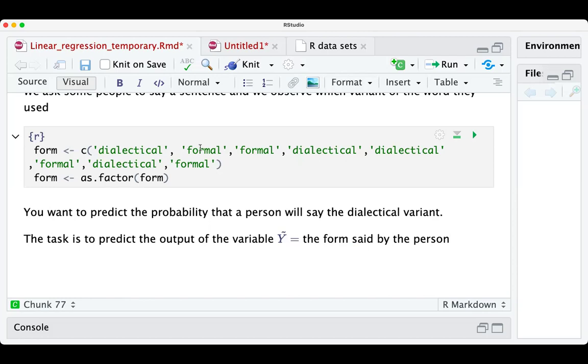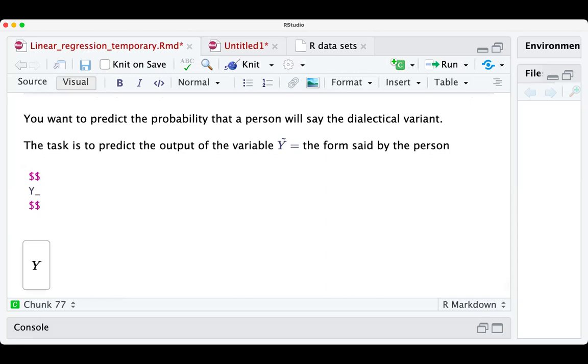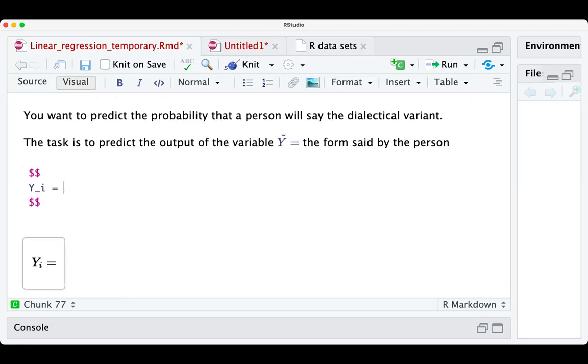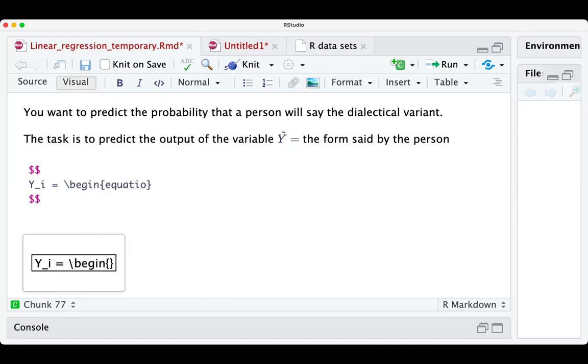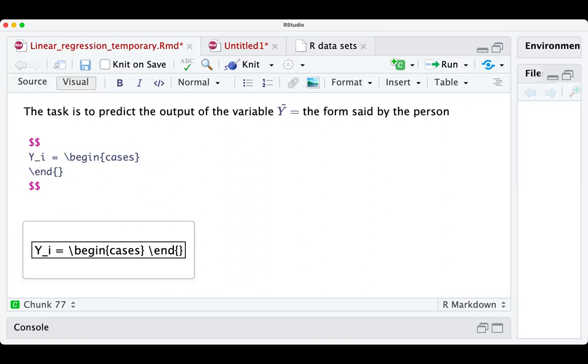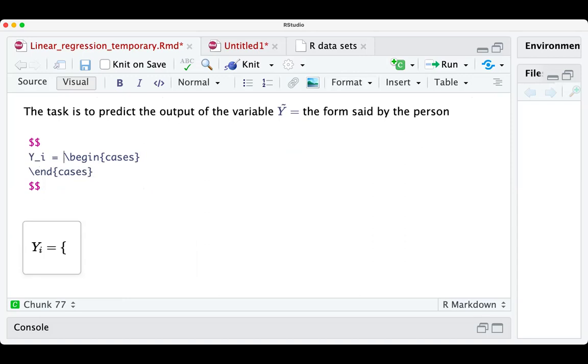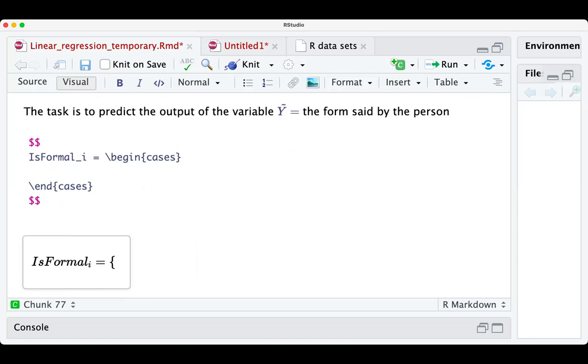Well, the first thing is to define a numeric variable. So y_i is a dummy variable which takes the values 0 and 1. Let's call this variable is formal.